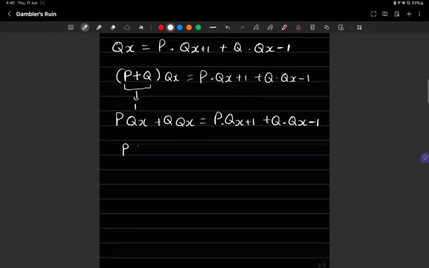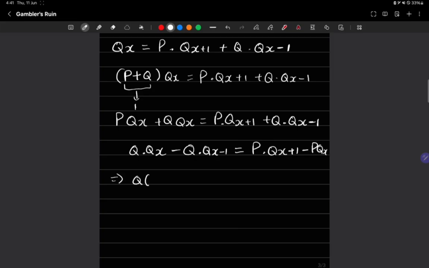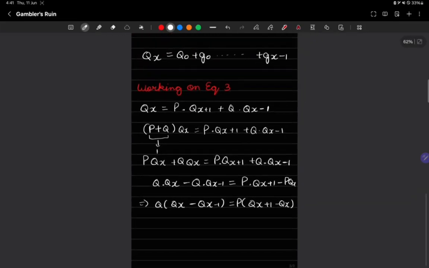So let's say there is q, then q(x). I'll put q(x minus 1) from the right hand side to the left hand side. Then I'll pull the left hand p q(x) to the right hand side, and then we'll factor out. And this gives us our gaps again.